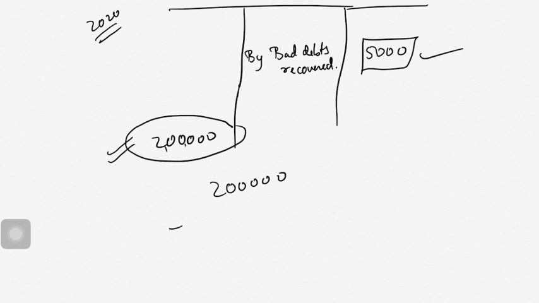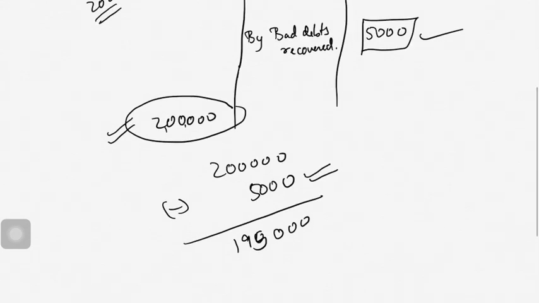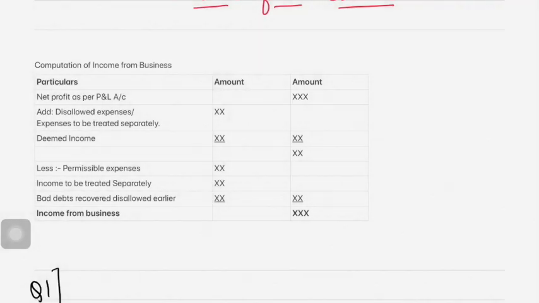From 2 lakh, you will subtract this 5,000 because you have already paid tax 2 years ago on this 5,000, and you will pay tax only on 1,95,000. Okay, so this 5,000 is bad debts recovered disallowed earlier. So bad debts recovered disallowed earlier, you have to subtract it. Got it?